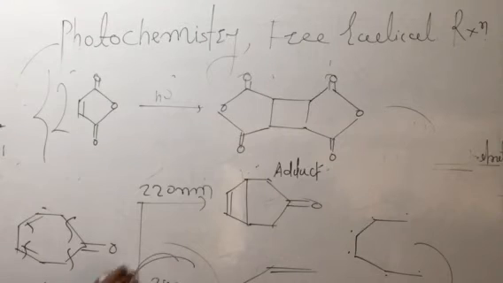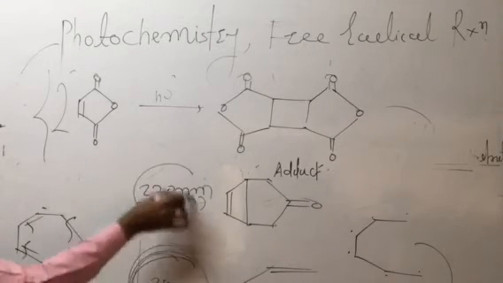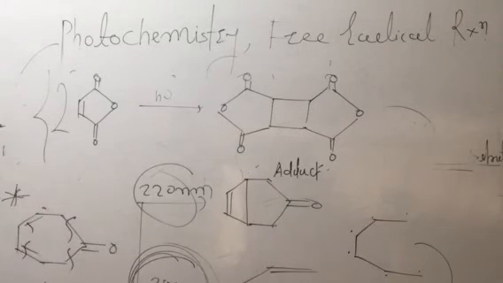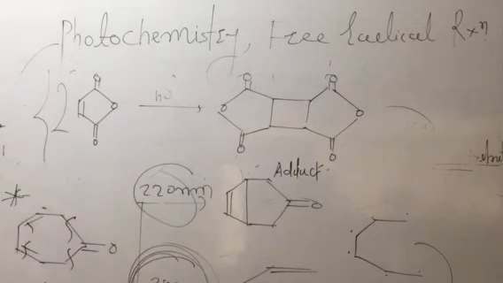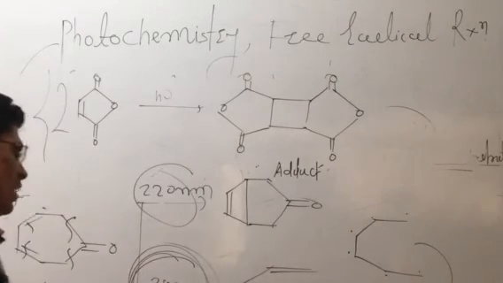So what is the role of photochemistry in these types of reactions? Whenever we use the 220 nanometer range UV visible and the 280 nanometer range, less energy is required for formation of strained molecules, but whenever we use more energy UV visible, a cyclic saturated compound is formed. This was an acyclic unsaturated hydrocarbon.